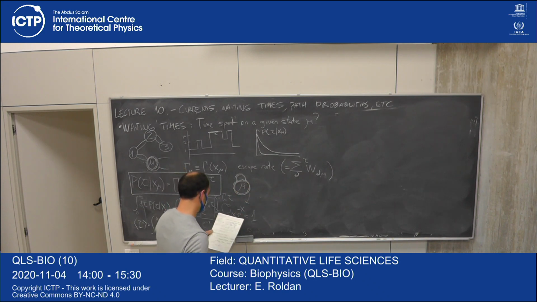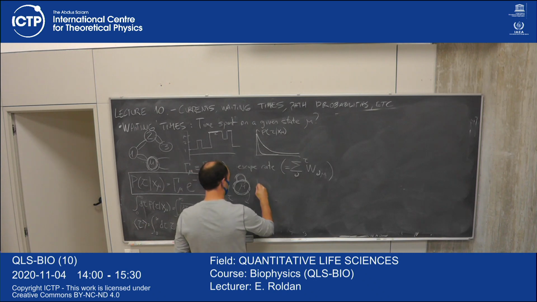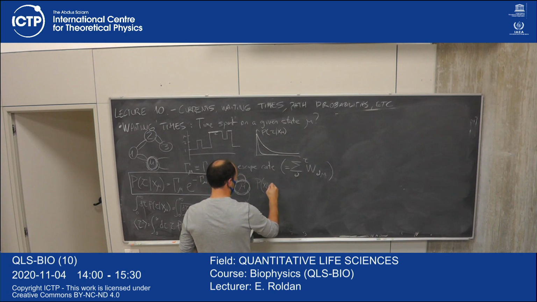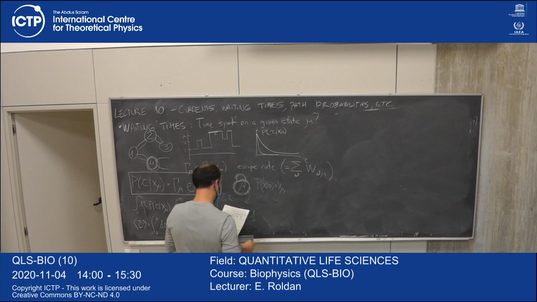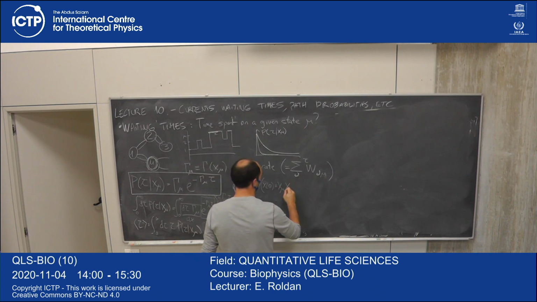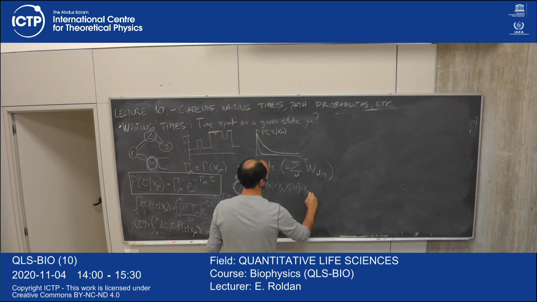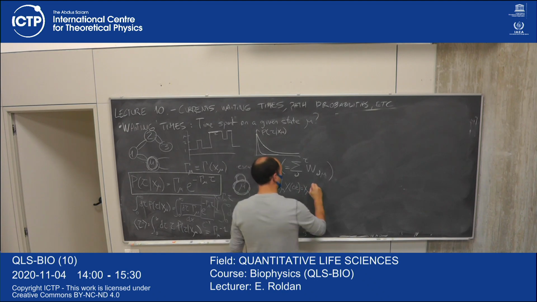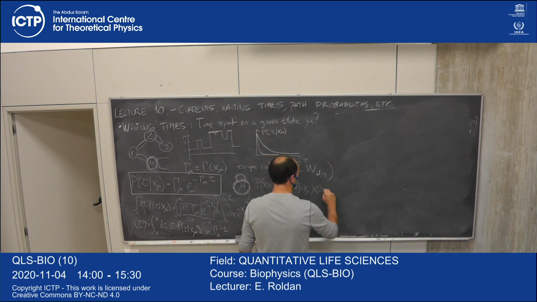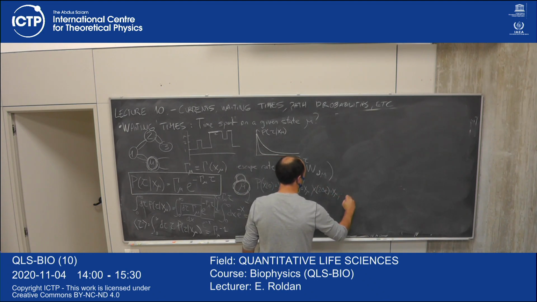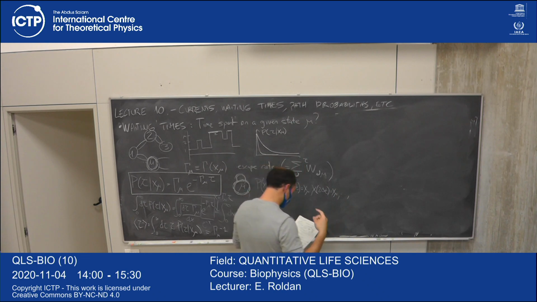So this probability density equals the probability that at time 0 you are in x mu, at time delta t you are in x mu, at time 2 delta t you are in x mu, and at some point you jump somewhere.